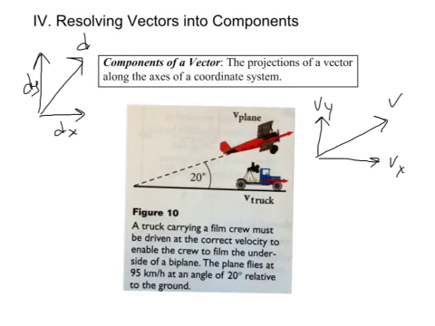So that plane's velocity is split into two different directions, that horizontal direction and that vertical direction. So the truck down beneath here has got to travel at a velocity only equal to the x component of the plane.